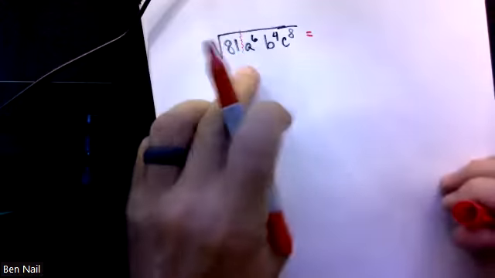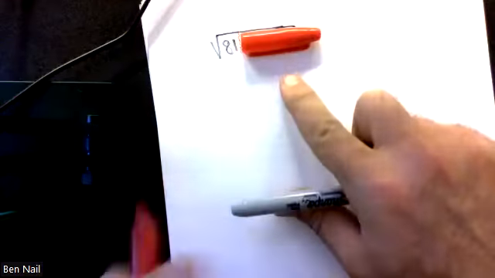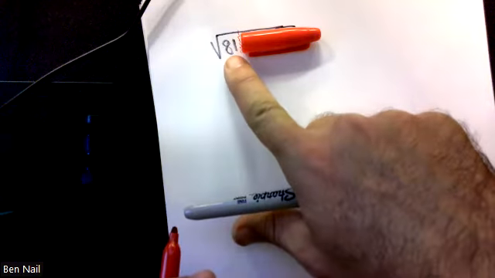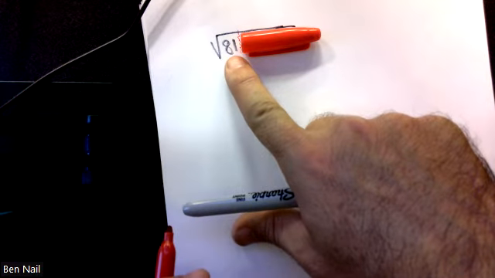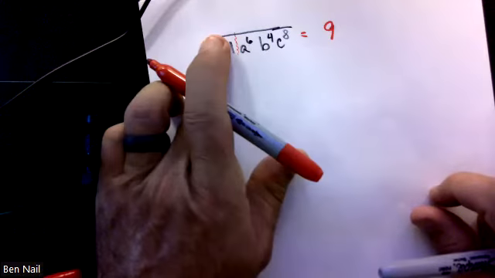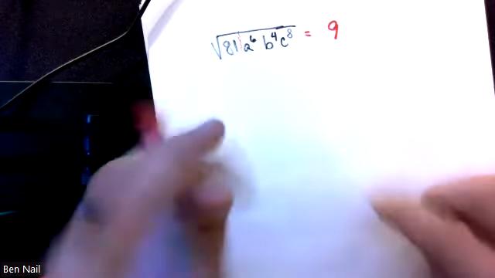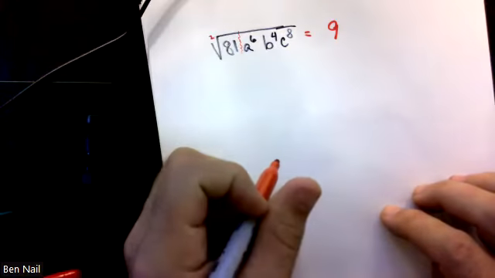So if we take the square root of 81, so if I can kind of block that out for a second. So if we just look at the square root of 81, just the whole number part, all right, the square root of 81, well, that's 9. So then if we look at, okay, the variables and the exponents, okay, remember with a radical with no index, that's a square root.